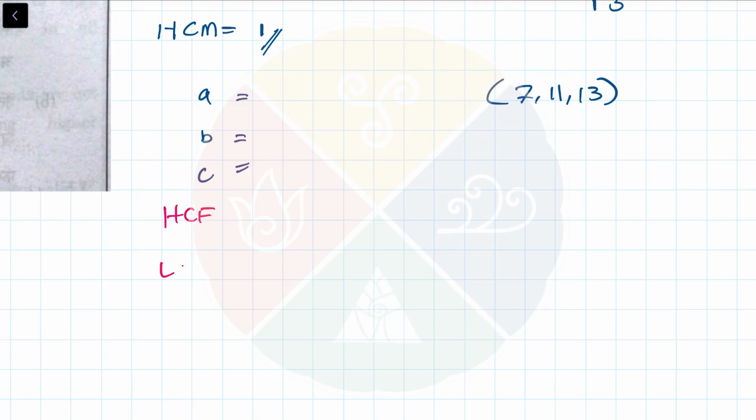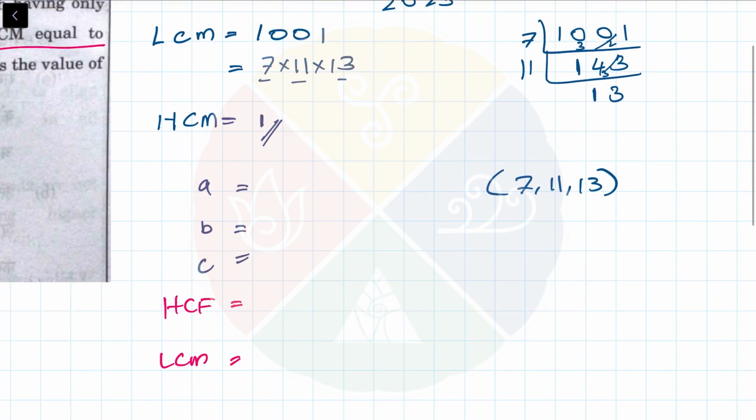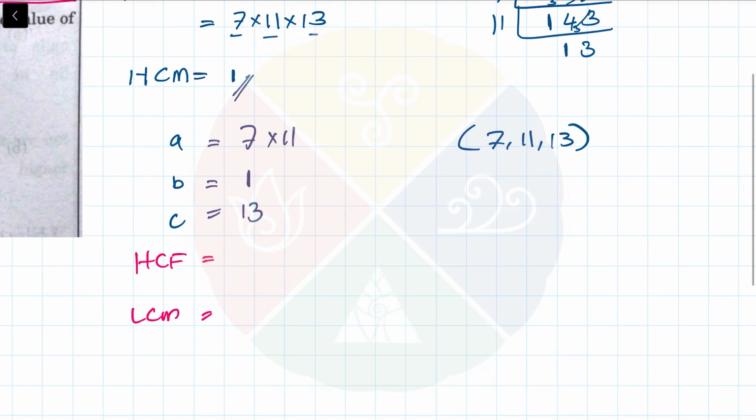What I'm going to do is take 7 here, put 11 here, take one of the numbers as 1, put 13 in another place. Here also, nothing is common. LCM can be similarly 7 into 11 into 13. So that is another combination, 7 into 11, 1, 13.